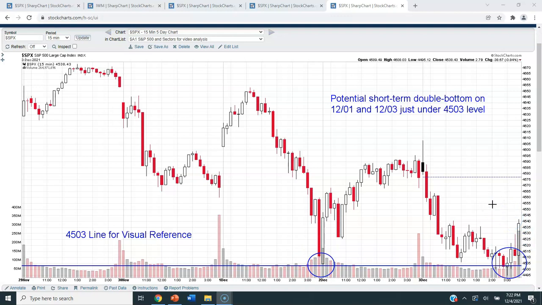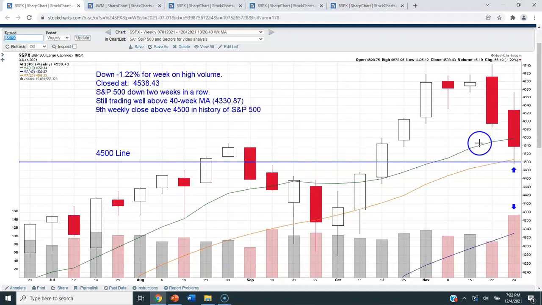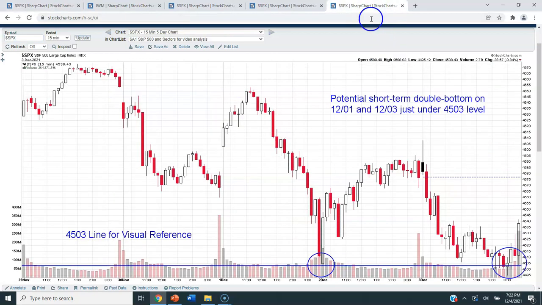Fingers crossed, perhaps we've seen some of the worst of the selling here, with the market pulling back to some major support areas, the 10-week and the 20-week moving average, and on high volume, so hopefully the selling has exhausted itself, and we can move higher next week.